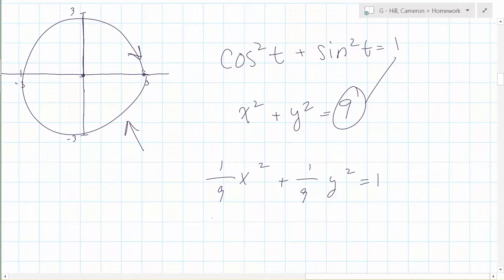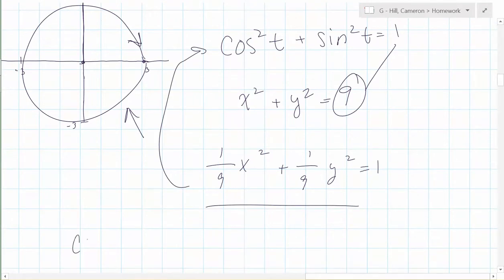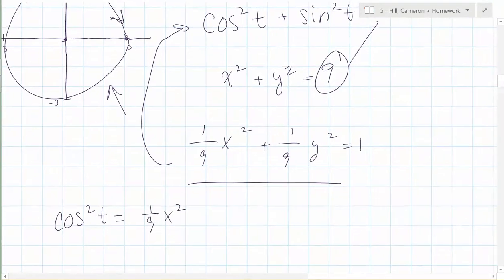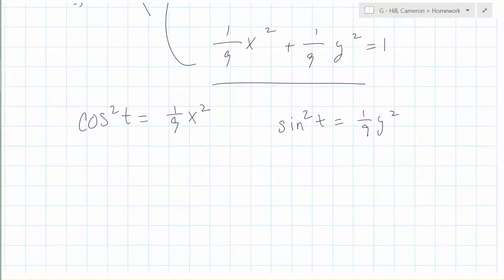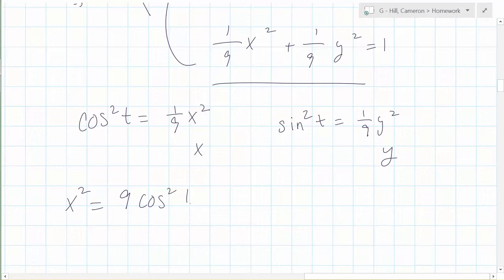Now that we have something that looks a little more like this equation, we can make cosine squared t equal 1/9 x squared and sine squared t equal 1/9 y squared. Now we want to solve for x and y. X squared equals 9 cosine squared t.